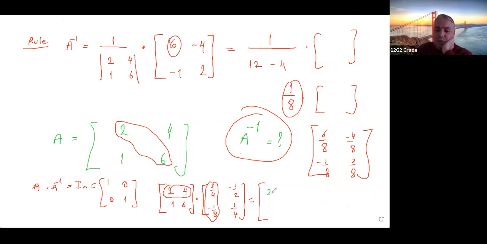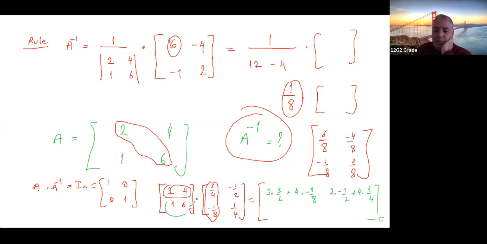So 2 times 3 over 4 plus 4 times negative 1 over 8. Now, 2 times negative 1 over 2 plus 4 times 1 over 4.